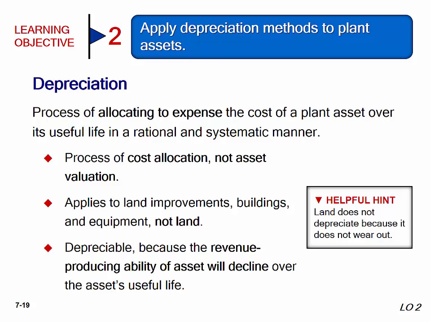So we wear and tear down equipment and our land improvements. Our buildings need to be refurbished every so often because of the wear and tear on them. So they lose their revenue producing ability, or their ability to help us generate revenues over their useful life.